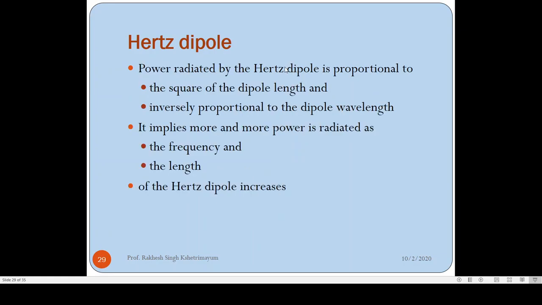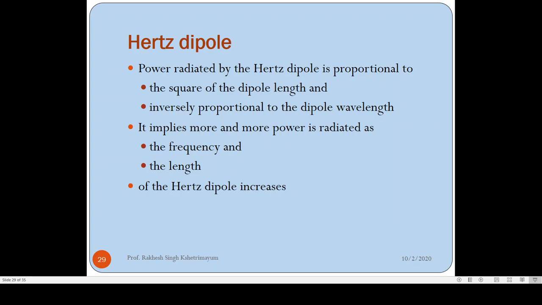First thing is that total radiated power is directly proportional to the square of the dipole length. So if you increase the size of the dipole, the power radiated will increase, because we have a dl square term in the numerator.